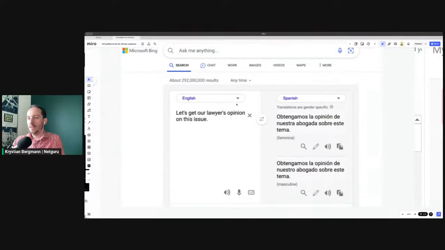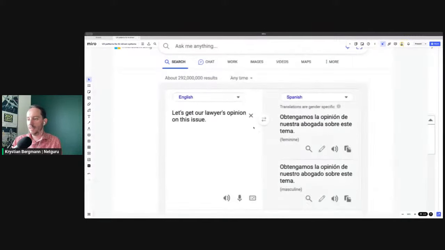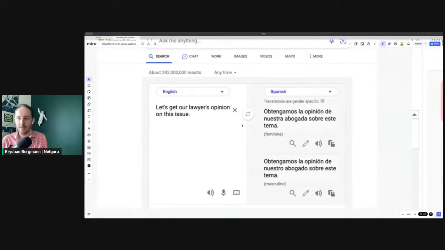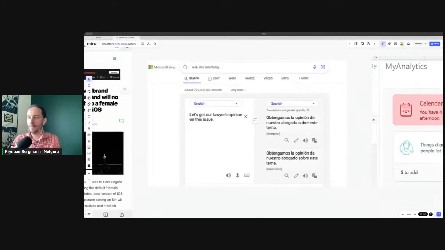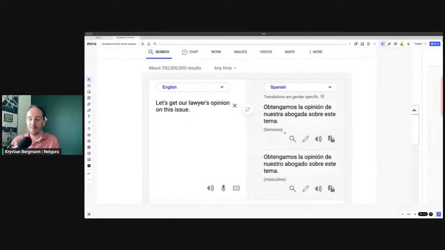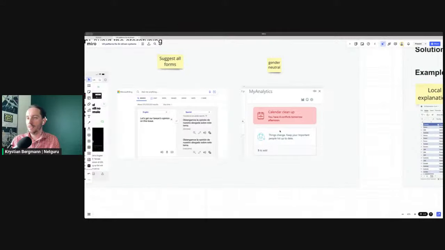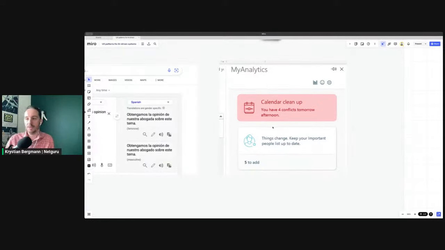The second one is basically giving feminine and masculine options as a translation, right? Because, for instance, in Spanish or in other languages, you might have different versions. So giving the user the ability to choose the correct one, right? And the third one is gender neutral pictures, right?